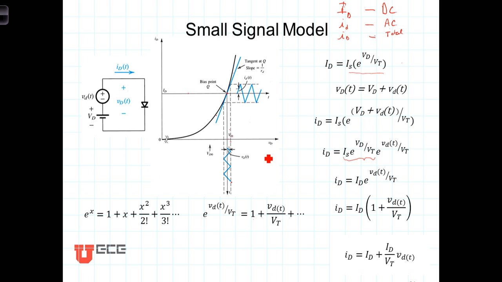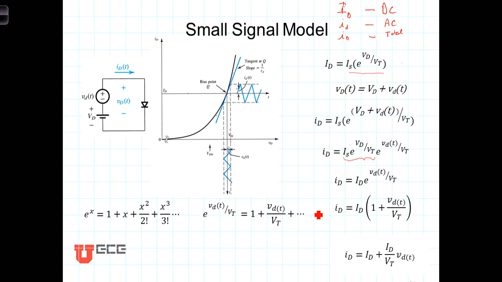But underlying all this is that this v sub d term here is going to be relatively small. We're not going to be able to allow for large swings away from the quiescent voltage. This is just the small signal model. When we restrict ourselves that way, v sub d, which is small, if you square it, is going to be a whole lot smaller than just a small v sub d.